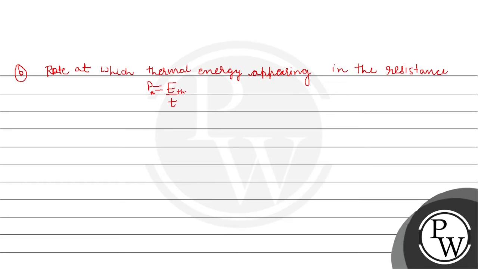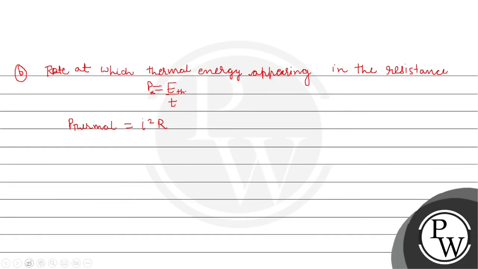So here we have to calculate P thermal, and we know power is given by I square R. We know the value of I in the circuit and we know the value of R. So directly substituting the value of I and R, we can calculate the P thermal.